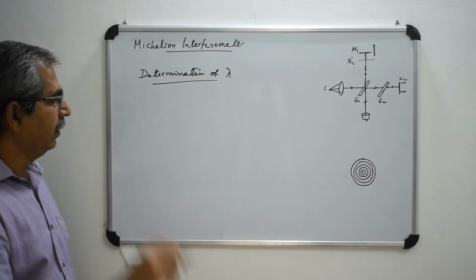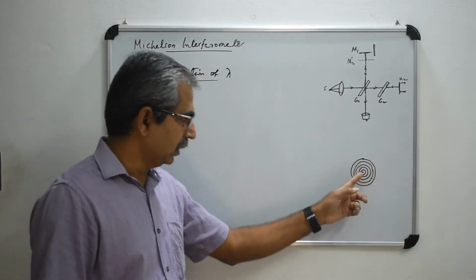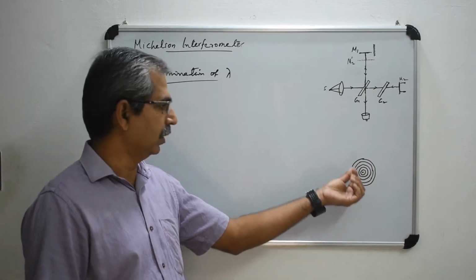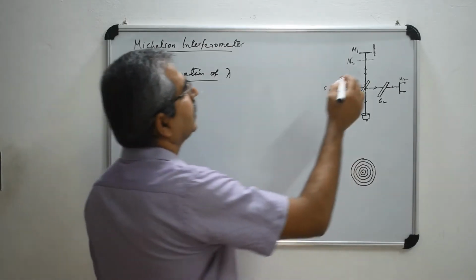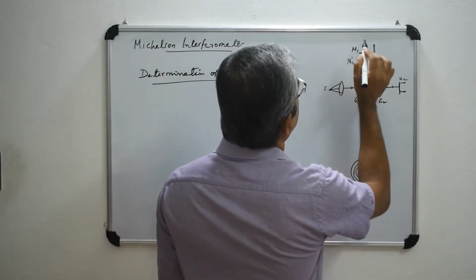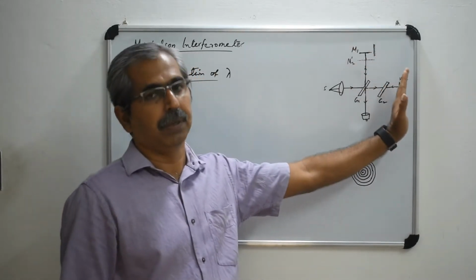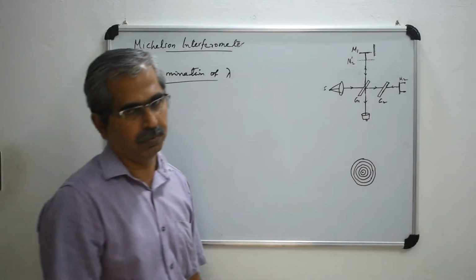Here we are measuring the interference that is observed at the center. In the first class I told you that these mirrors, M1 and M2, are kept perpendicular to each other. Now M1 is a movable mirror.